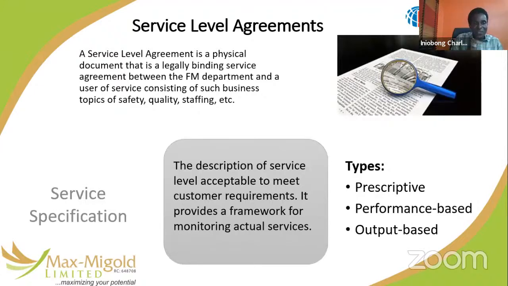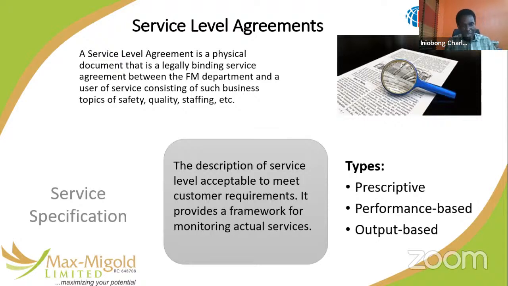Now you have services. For example, you have line items like electrical maintenance, that's a service, plumbing maintenance, that's a service, maybe fumigation and all that. You have line items on all the description of service. So the acceptance level for that service is what we call the SLA.